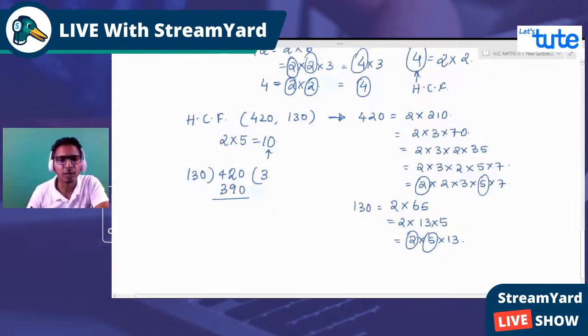And what we get is 30. So we can write 420 as 130 multiplied by 3 plus 30. Here 3 is the quotient and 30 is the remainder.